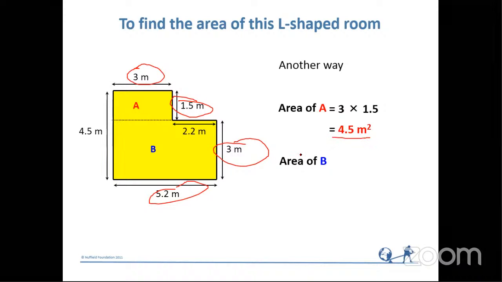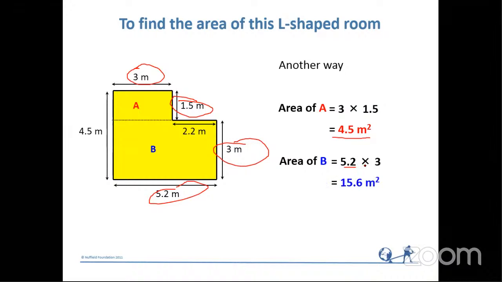Then the area of B is 5.2 times 3, and that gives us 15.6. Total area is 4.5 plus 15.6, and that would give us the same answer of 20.1 meters squared.